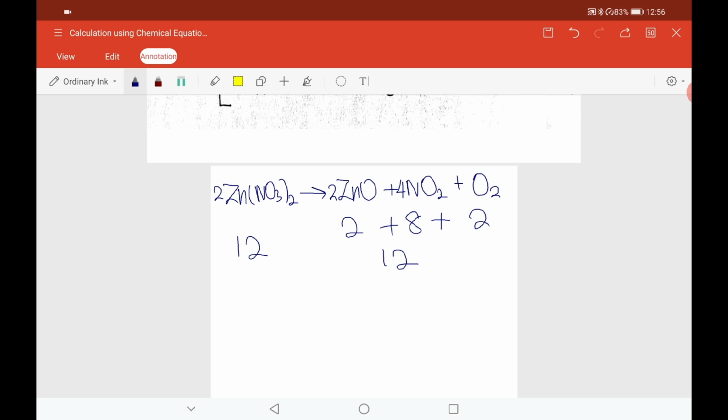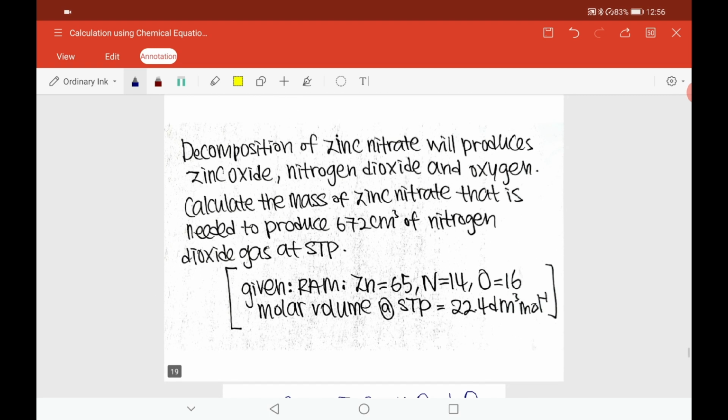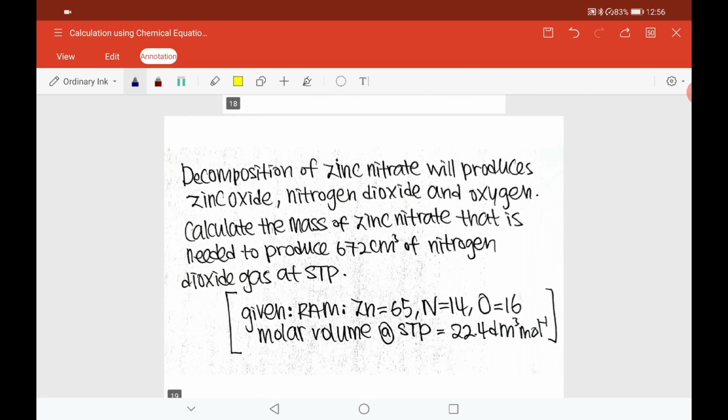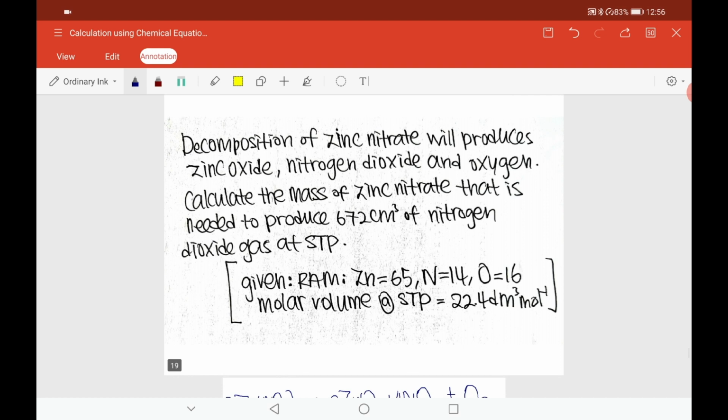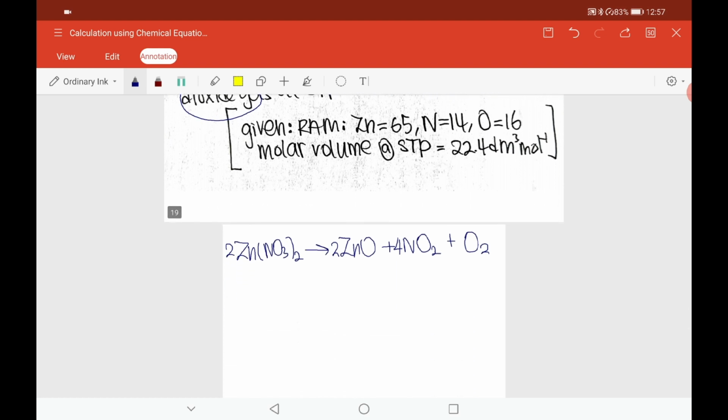After we have the balanced equation, we need to ask ourselves what we have and what we want. We have 672 cm³ of nitrogen dioxide, NO2.